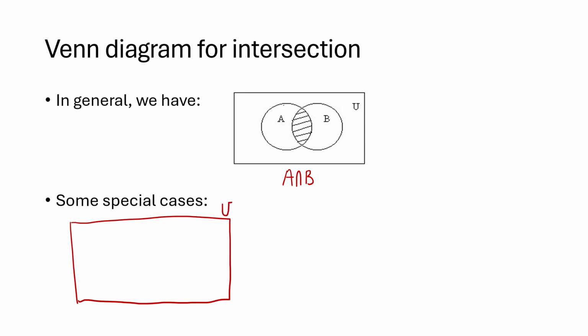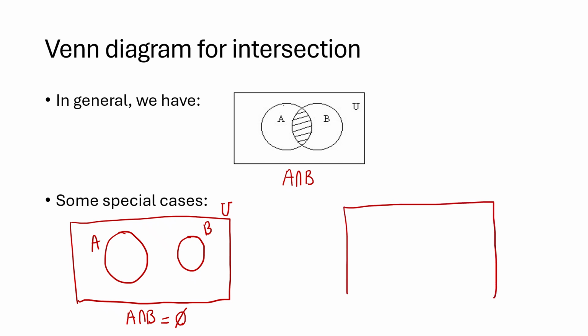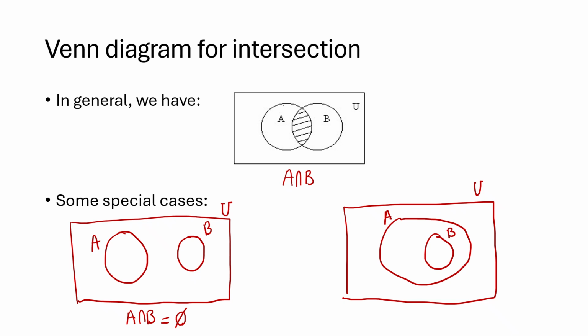If this is my universal set, and this is A, and this is B, so they don't overlap, then they don't have anything in common, so their intersection is going to be empty. We don't shade anywhere. And finally, the other case where A contains B as its subset.